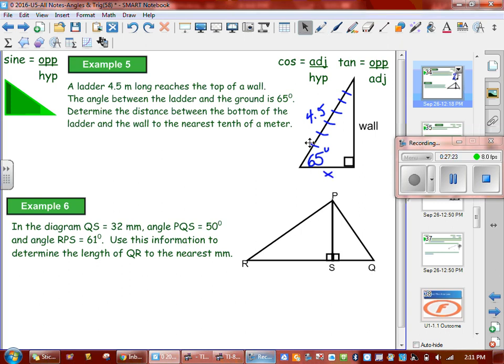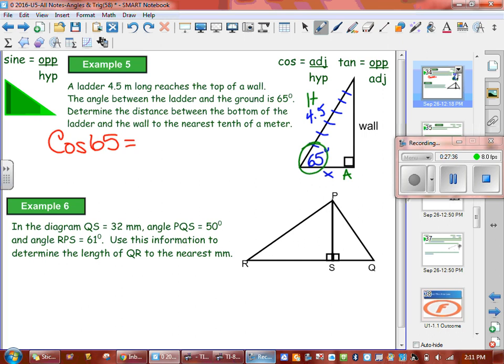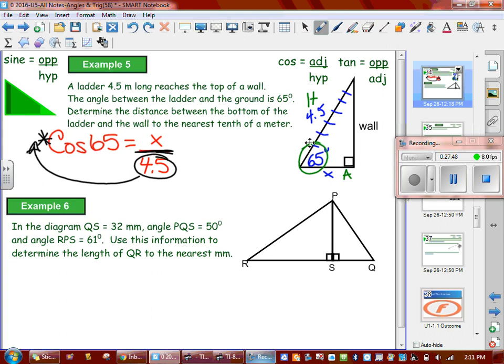I write my equation: cos 65 equals x over 4.5. Just like we discussed earlier, if x is on top and the number's on the bottom, you take the number out front and multiply it. So x is equal to 1.9. So it is 1.9 meters away from the wall.